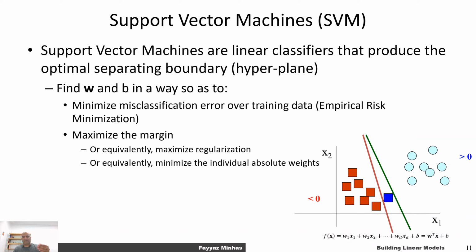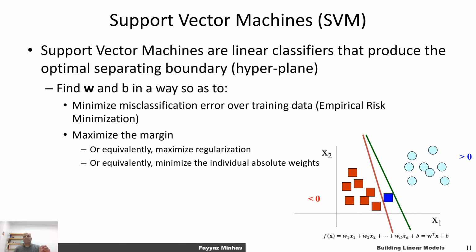Another way of interpreting the same thing is in terms of the concept of regularization. What that means is that a small change in one of the features should produce a small change in the output. For a linear classifier, that means the magnitude or absolute value of the weights should be small. Whenever one of those weights is a very large positive or very large negative number, a small change in one of the features for a given example is going to produce a large change in the discriminant function score, or f of x, at the output.